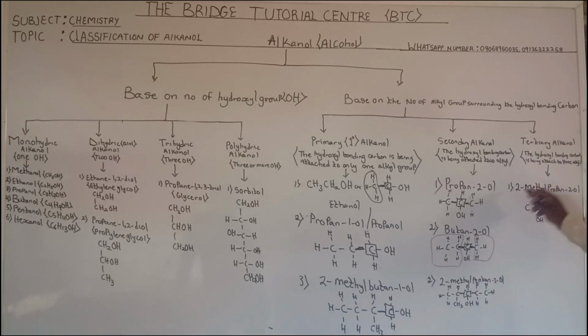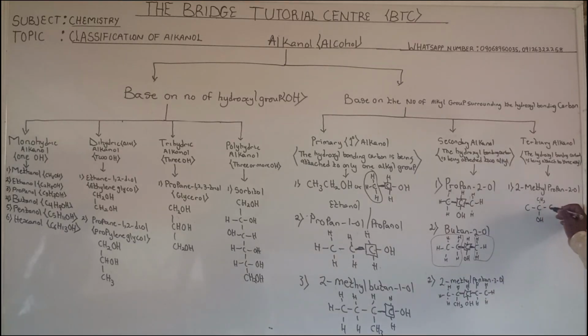What's the next thing? 2-methyl. On that carbon number 2, we also have 2-methyl, so we are going to have CH3. You can see methyl on carbon 2, OH also on carbon 2. When you see methyl and OH on the same carbon like this, they are usually tertiary alkanol. Let us confirm.